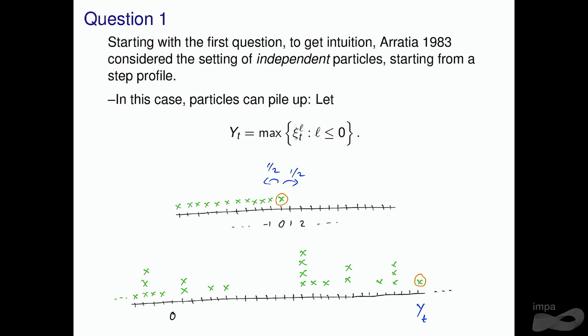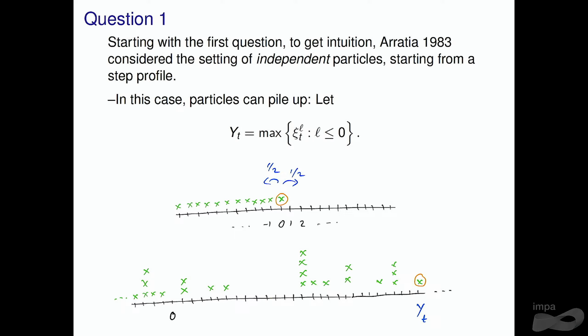Okay, so let me go through a little bit of the answers to some of these questions, or some partial answers. Let's get some intuition. Suppose you forget about exclusion. You can also ask the question for independent particles. That's maybe a nice problem to work out.